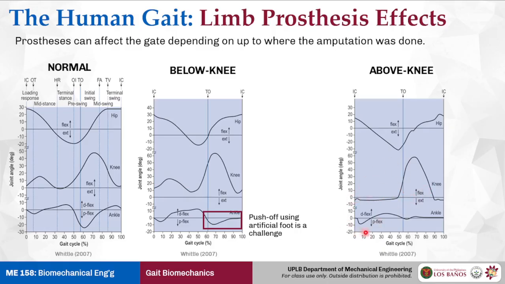And you can see in the foot angle, there is some response there. And in the hip also, there is some compensation happening. What you see here is that the normal hip angle is kind of gradual, but as the replacement crawls up below the knee and then above the knee, you can see a change in the behavior of the hip angle. And you can see here the knee is unable to flex during the stance phase.